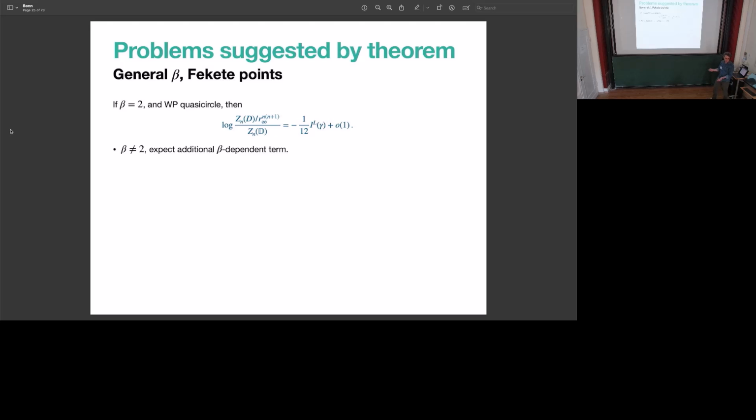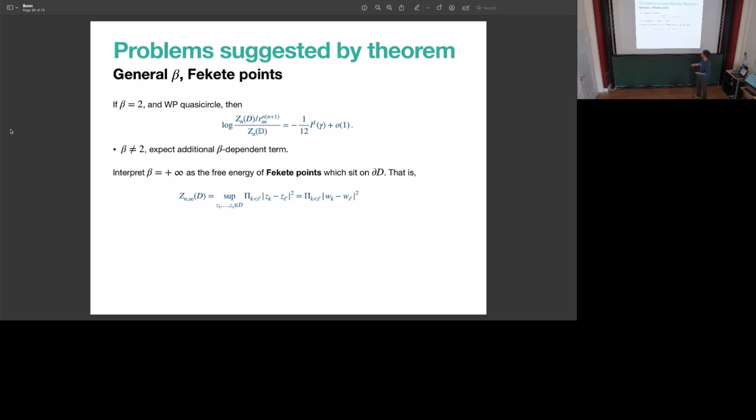But you could study the problem to figure out what this constant or this energy should be. You could think about the problem for large beta, or for beta equals plus infinity, a completely frozen setting. This is actually a very interesting problem as well. You have to interpret it, but it should correspond to the distribution of Fekete points on the boundary.